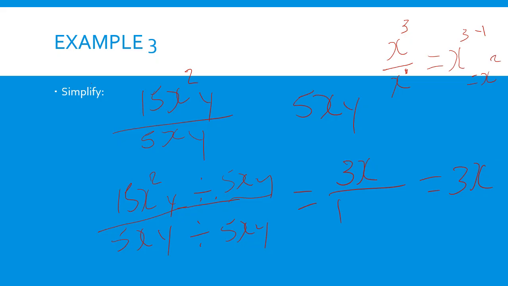So if you have x squared here and you're dividing by x, it is telling you x to the power 2 minus 1 equals x, and that would be your answer.